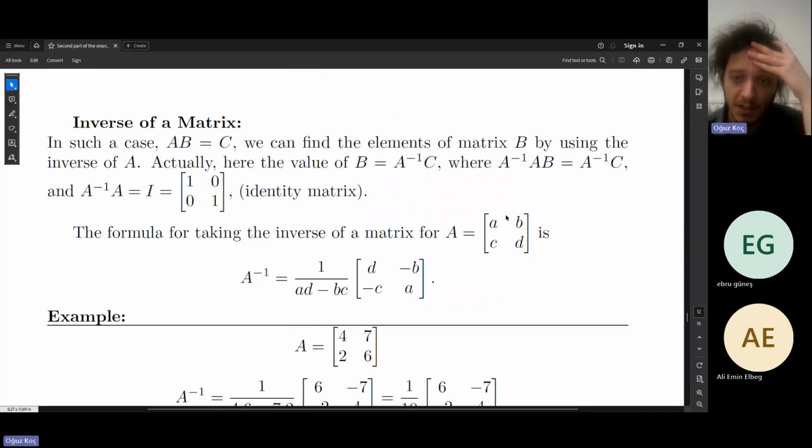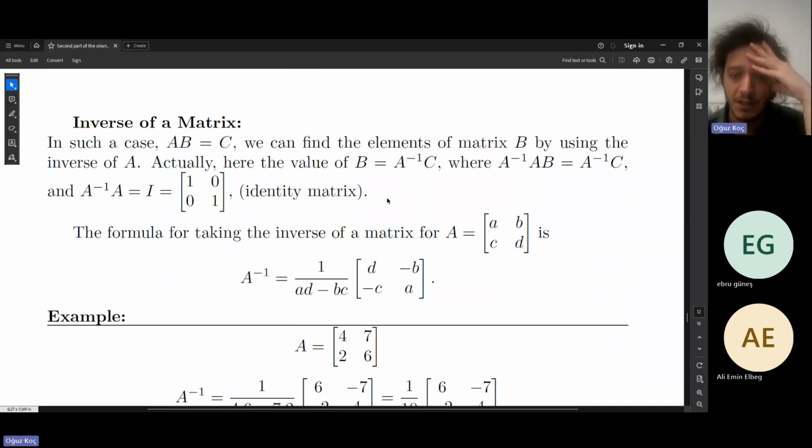We just use those elements in the square matrix. And also we multiply it by the matrix d, minus b, minus c, and a. Here, a and d change their positions in the matrix, and the rest of the values take the minus. We just multiply those values by minus, and then finally we get the inverse of the matrix.